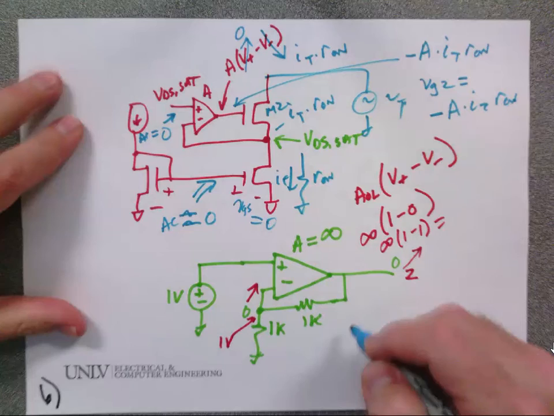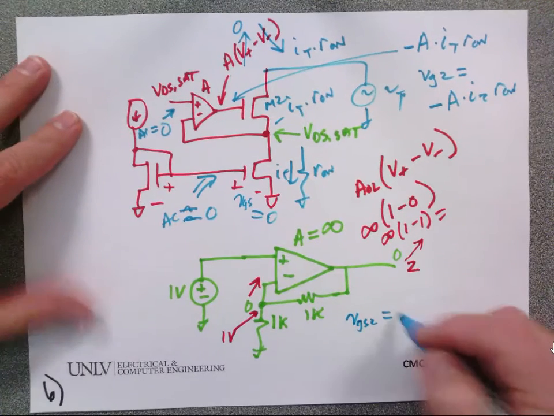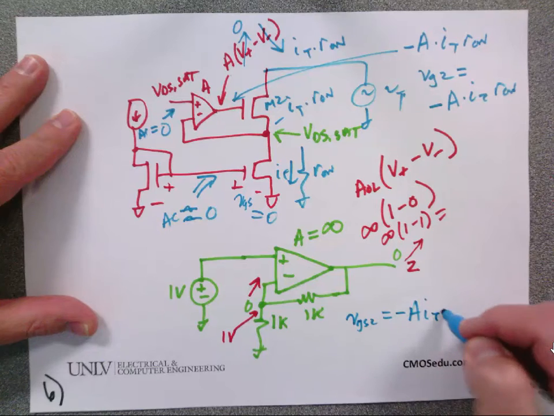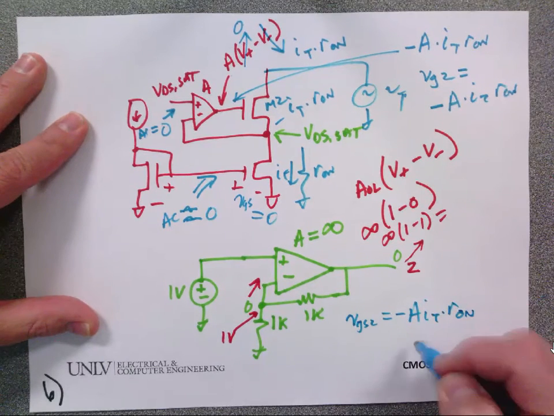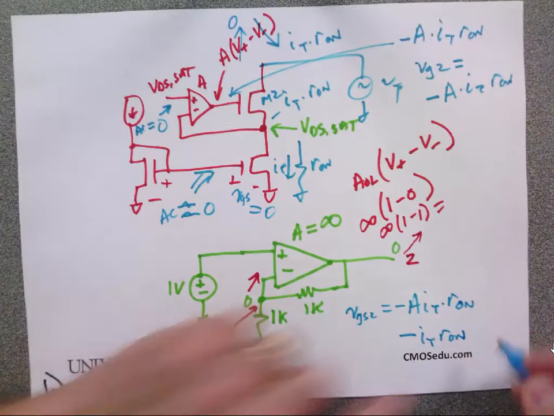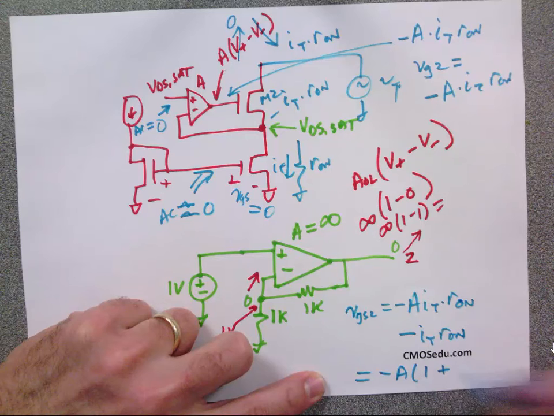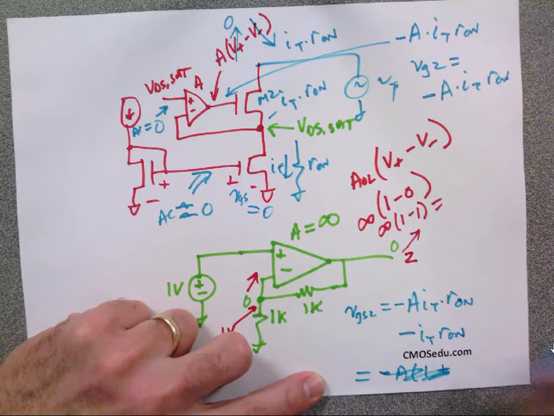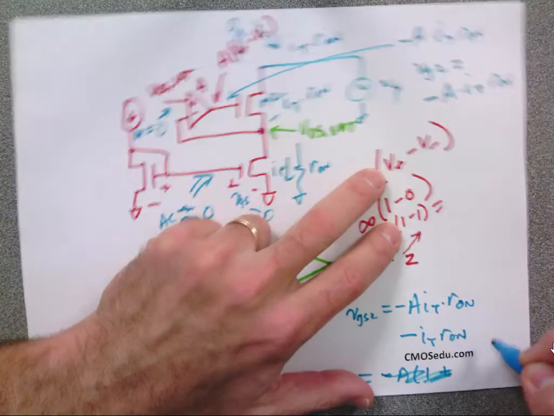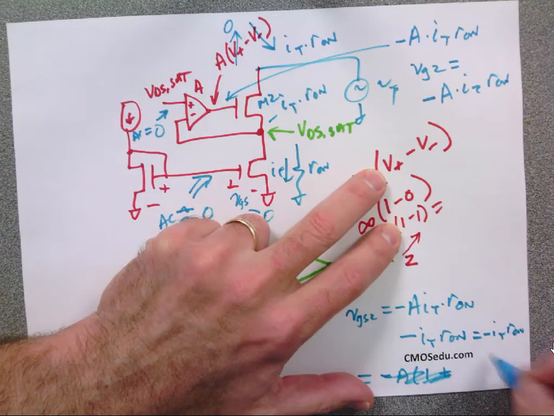What's VGS2 equal to? Oh, whoops. Yeah, it's going to be minus I test times 1 plus A.